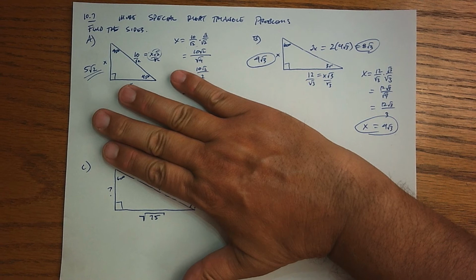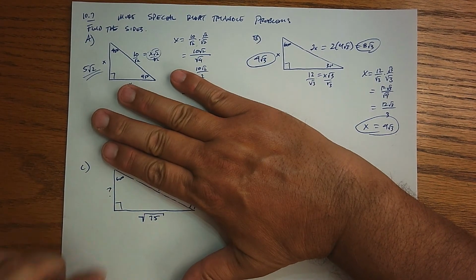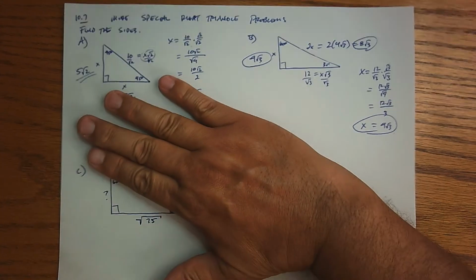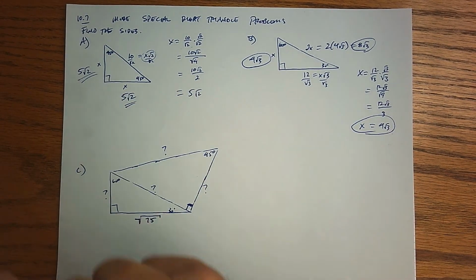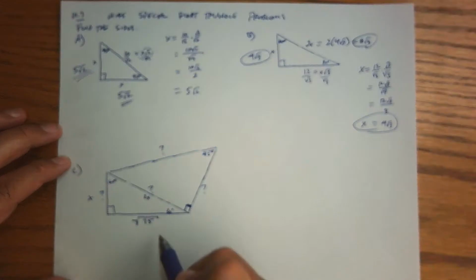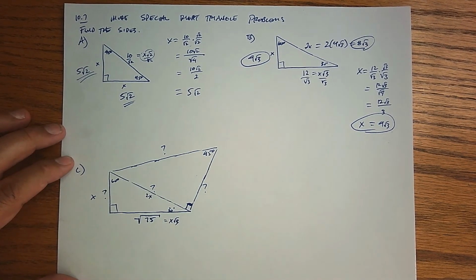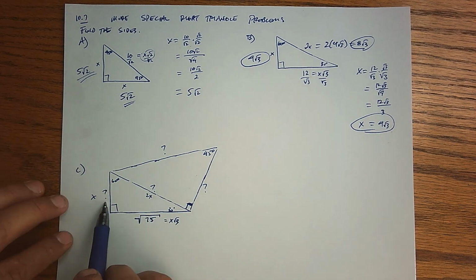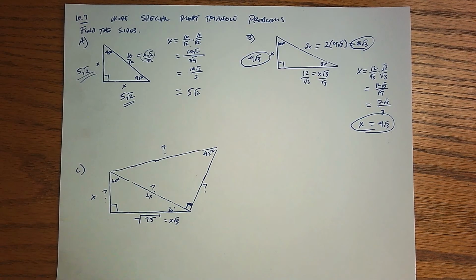As far as we're concerned, this is a 60-degree angle, which makes this a 30-degree angle, and so we know the sides. This side over here is x, this side over here is 2x, and this side over here is x square roots of 3. So if we can at least solve this one, we can get 2 of our sides, and then we'll go worry about the next one.